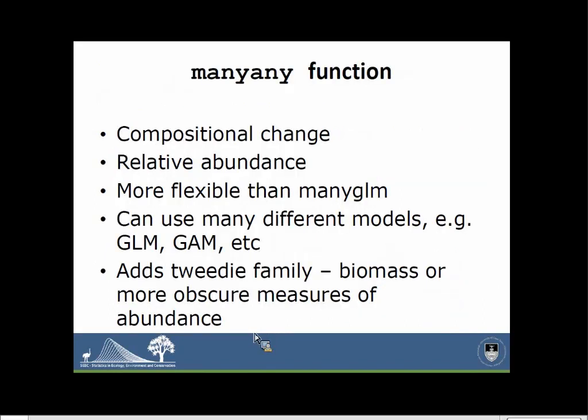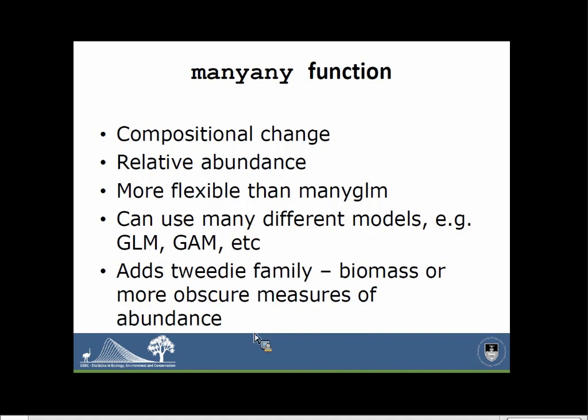And so they introduced another function called the manyany function, and this function is used mainly for compositional change. So it works on relative abundance. It's more flexible than the manyglm. And you can use many different models with it, not just the GLM, so you can use GAMs or others. And then it adds another family to the analysis so that you can deal with things like biomass or more obscure measures of abundance.